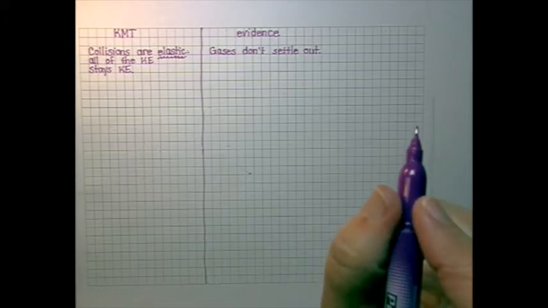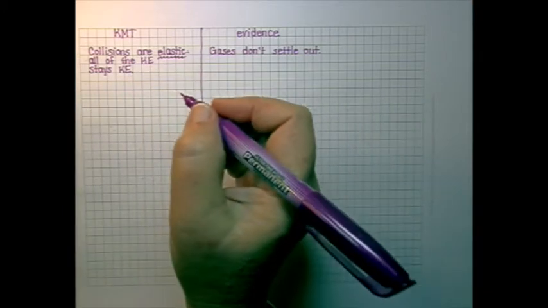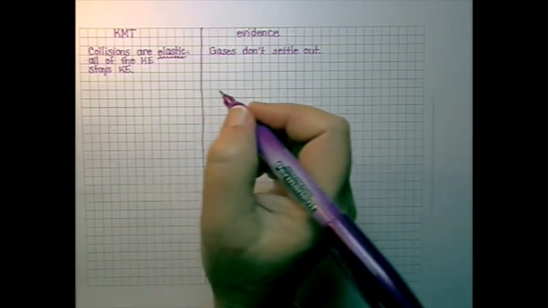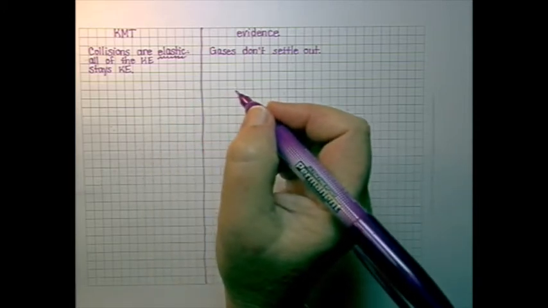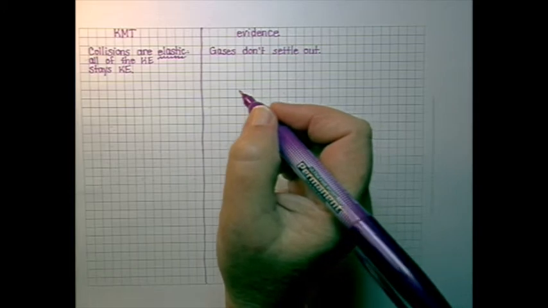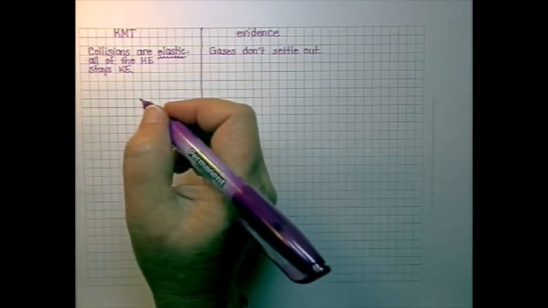All right. Another point of kinetic molecular theory is that these atoms and molecules are completely indifferent to each other. They neither attract nor repel each other. They have no influence on each other's motion at all. And that's an approximation.